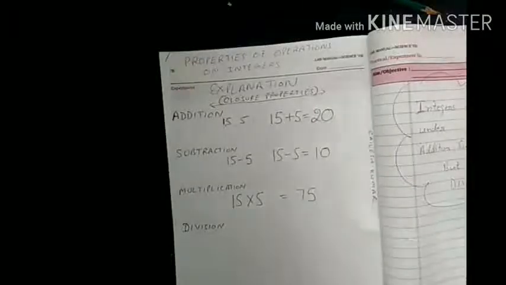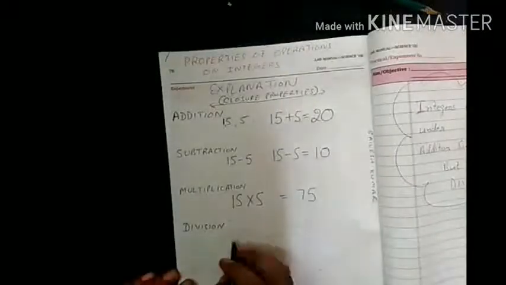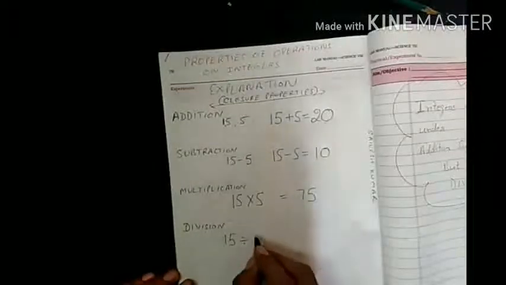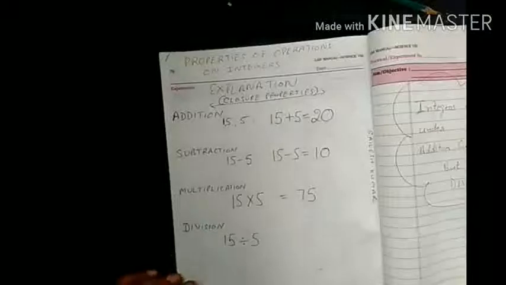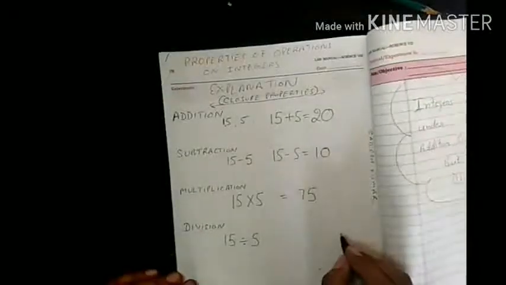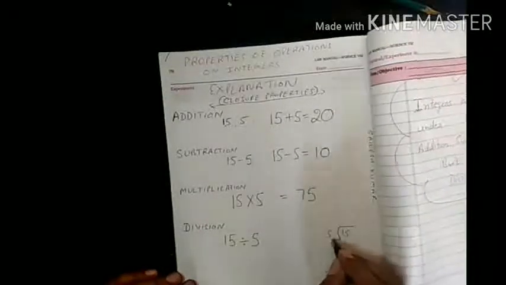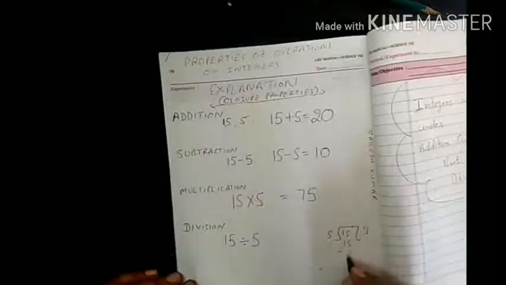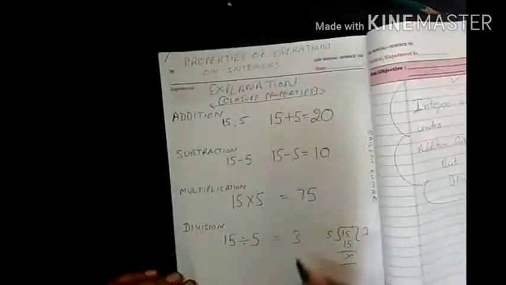Now listen, 15 divided by 5. Now when I divide 15 by 5, I get 3 as the answer.